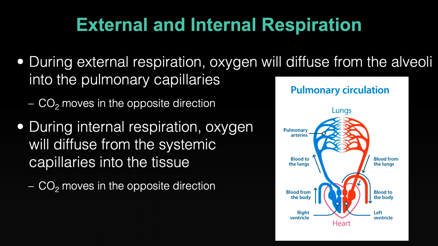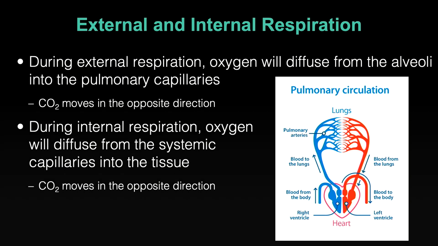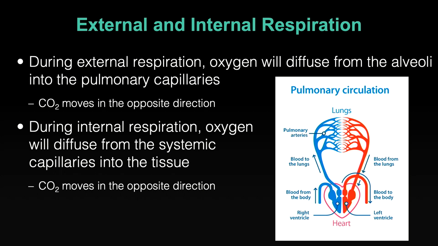It's also common sense, I suppose, that O2 moves in, CO2 moves out. If you're at the tissue, it's internal. If you're at the lung or the alveoli, it's quote-unquote external respiration. So external would be where the capillaries are shown here at the lungs. Internal isn't shown on this figure because we chopped off the rest of the arterial circulation. It would be down here in the cells, wherever that would happen.